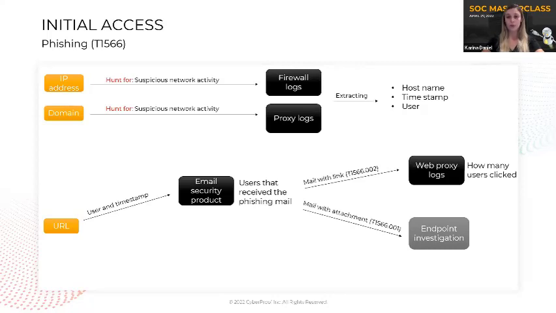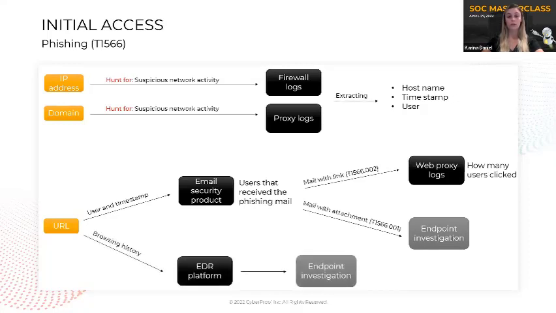And the other option, in case we don't have email security products, is to use the EDR and query the browsing history in the EDR. In the same way we can check if the user clicked on the suspicious URL or not. And in case of yes, we will do the same actions as before. We will need to do an endpoint investigation.